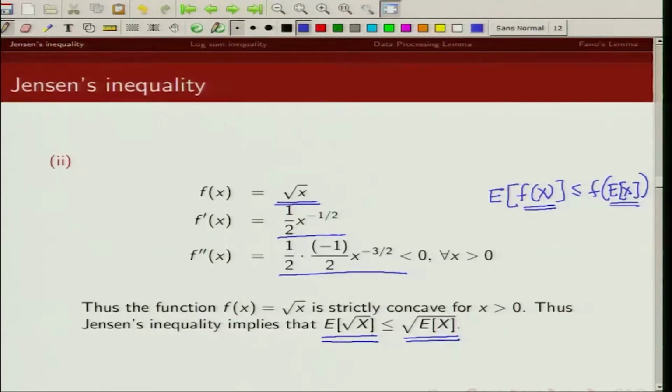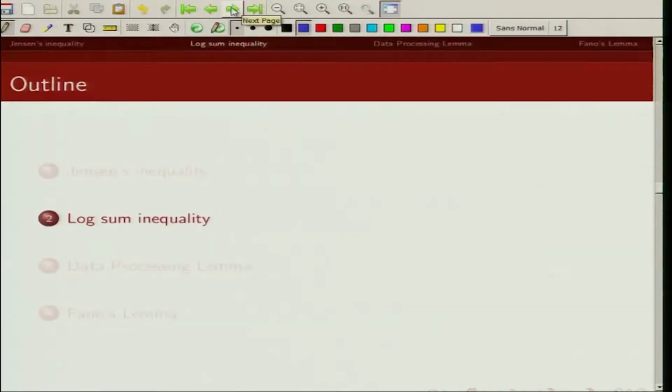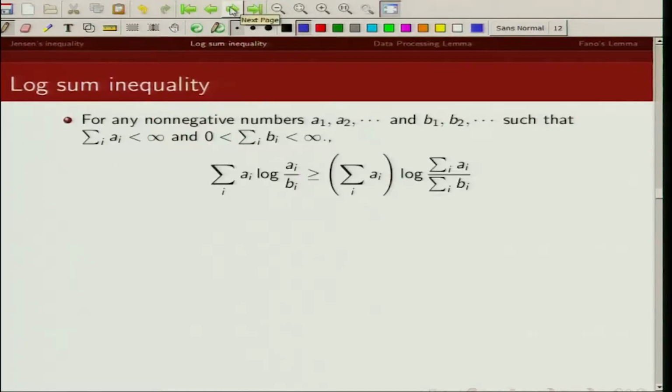Okay. Now let us move to the log sum inequality. So what does the log sum inequality say?